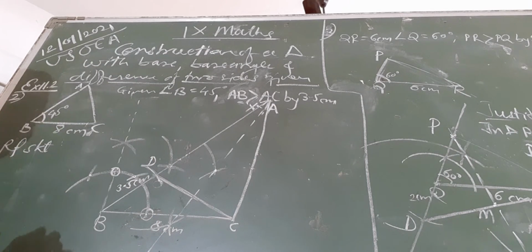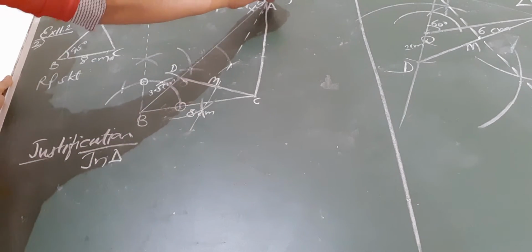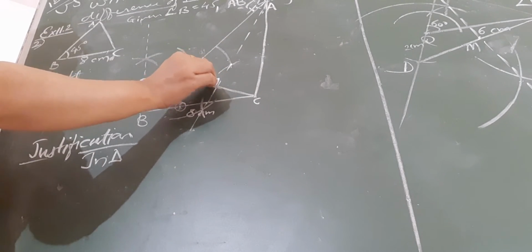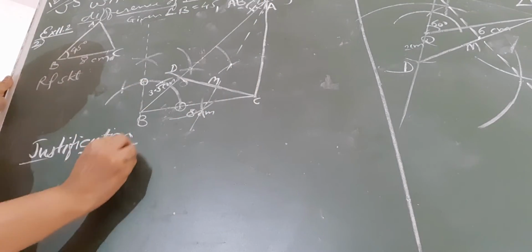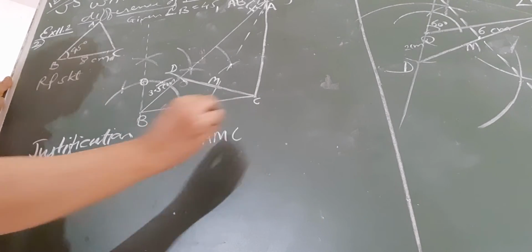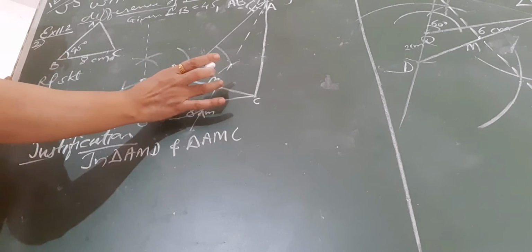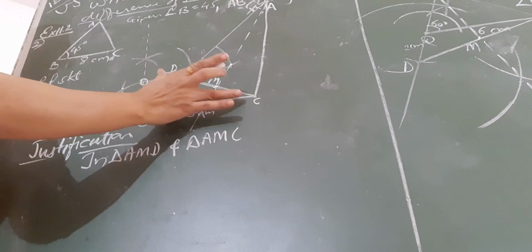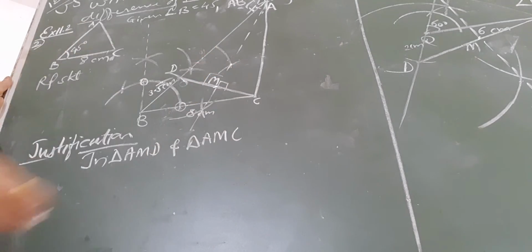Now what should you write down in the justification? For the justification, we can take the triangles AMD and AMC. We can see that M is the midpoint because we have drawn AM as the perpendicular bisector of DC, so this angle M and this angle M in both triangles will be 90 degree.